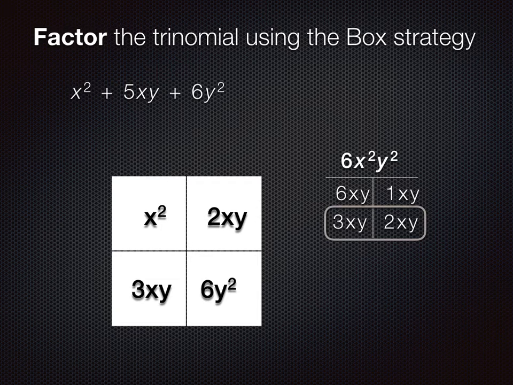Now let's figure out what the factors of the box would have been. Let's take out an x from the top row and an x from the first column, and x times what is 2xy? 2y times 3y is 6y squared. And we can write this in factored form as x plus 2y times x plus 3y.